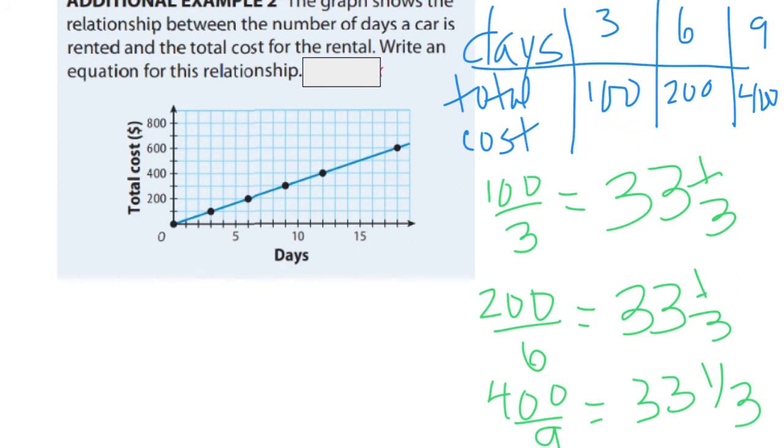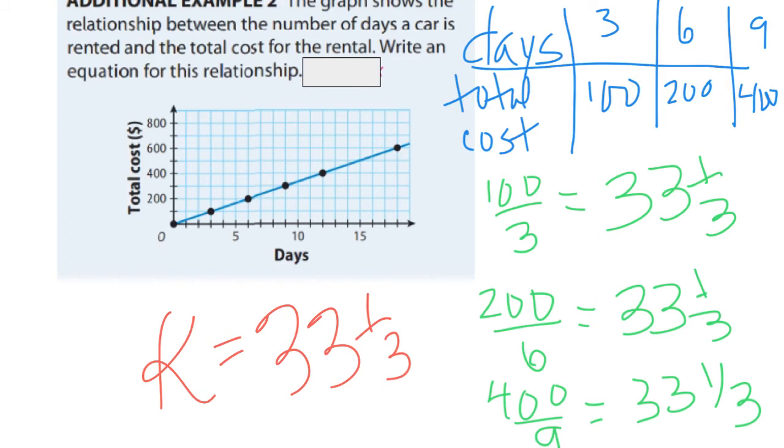So your K equals 33 1/3. And then the answer would be, ta-da, y equals 33 1/3 x. I'm not really too crazy about this being 33 1/3. It could have made a nicer problem, but take what you're given.